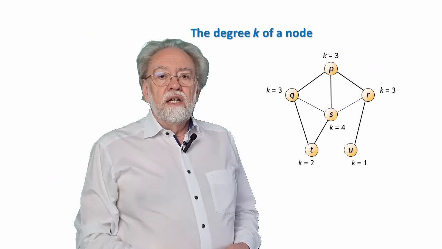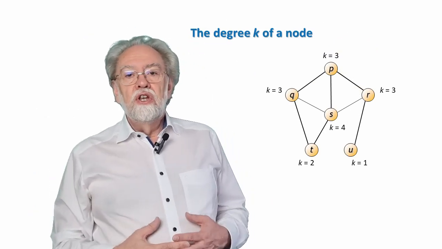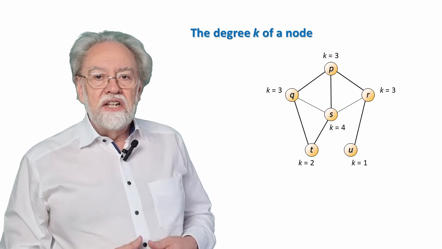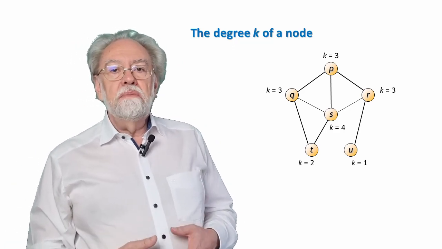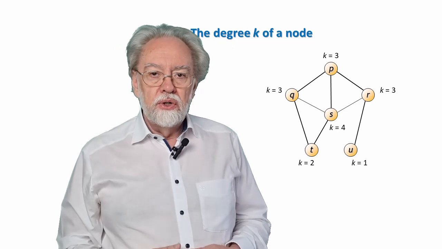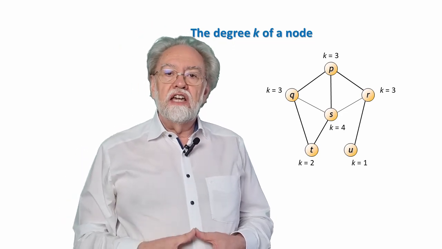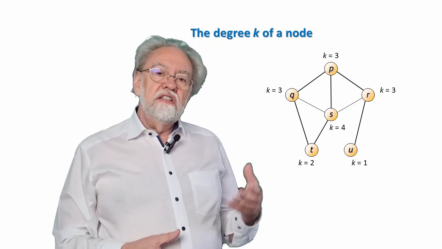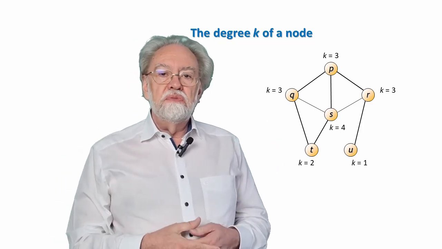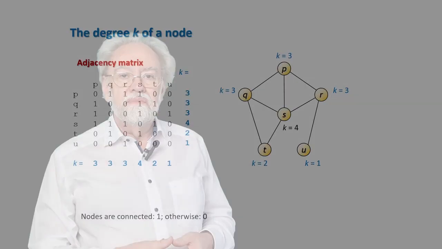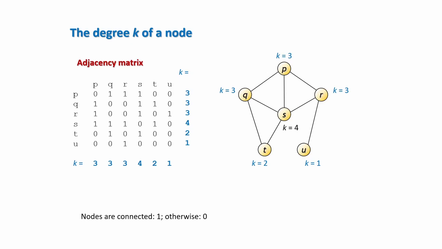We mentioned a number of edges at one node, or as we may say, incident to one node. This number is called the degree of this node, often represented by the letter K. We see that in this case, the degree ranges between 1 and 4. The degree K of each node can also be deduced easily from the adjacency matrix as sum of the respective column or row when we have an undirected graph, as in this case.